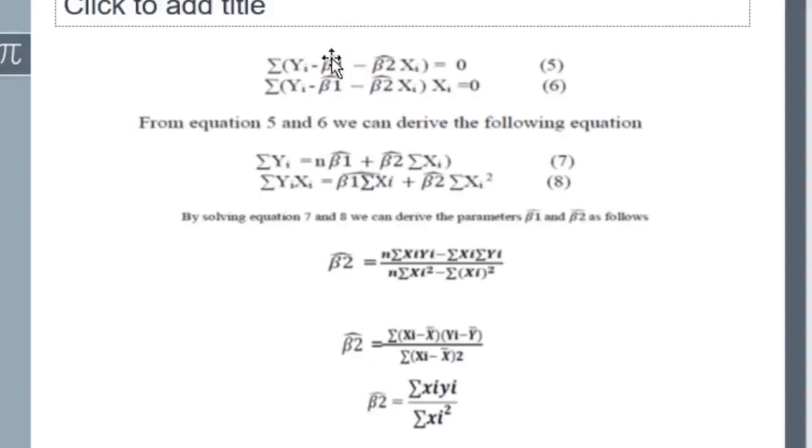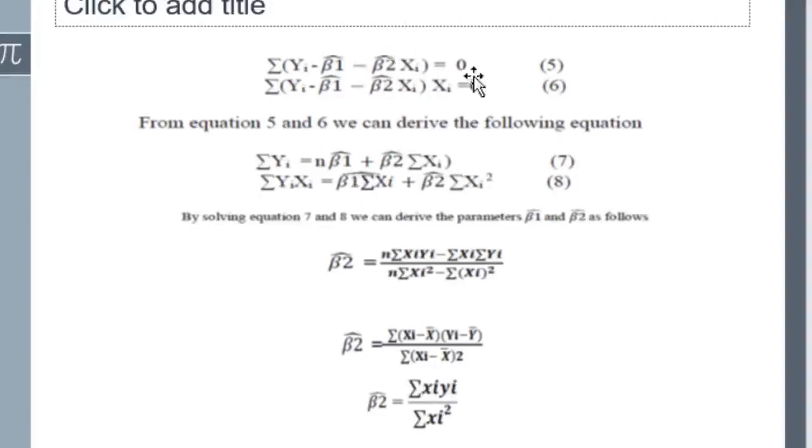The only thing is that instead of putting sigma, it is correct to put n, since it is a constant. In the second case, we have a variable multiplied with it, so we can distribute sigma with that variable.